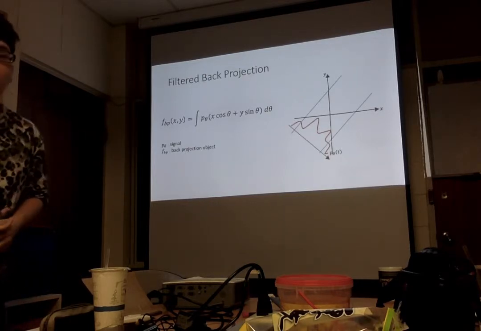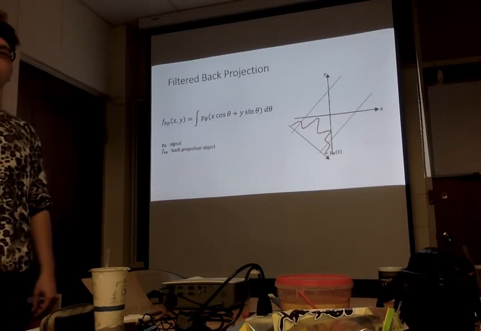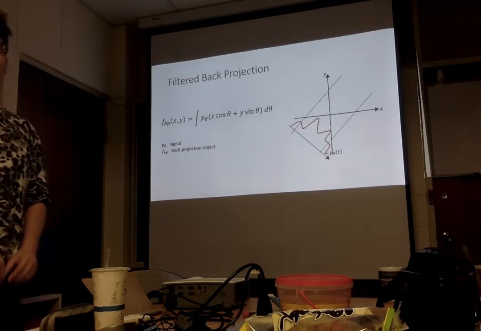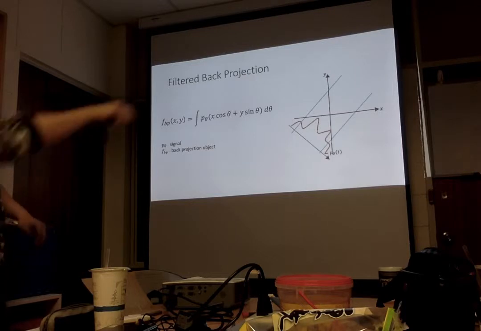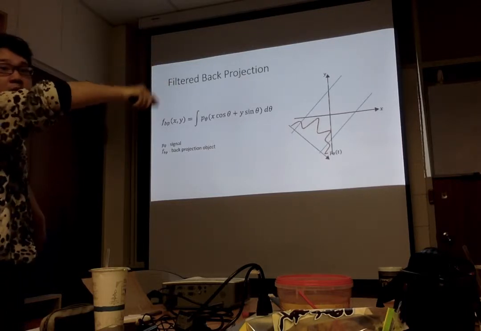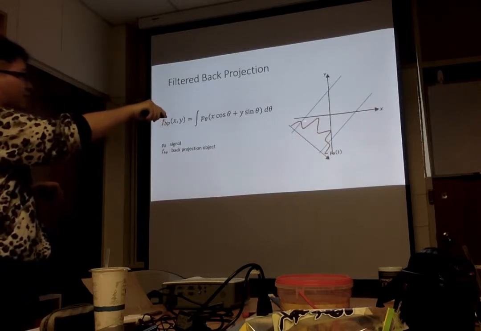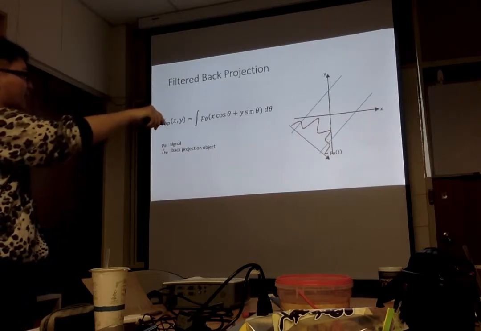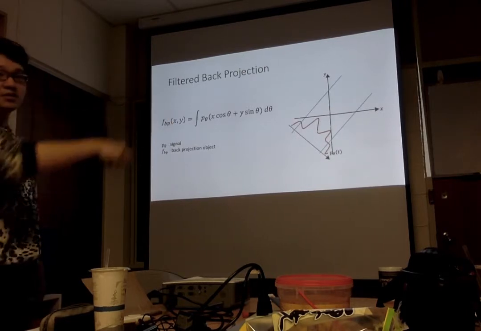This is the Radon transform, 2D to 1D data. So you shine the laser from here to here and many pixels, and we get the information on each pixel. So we have this signal.